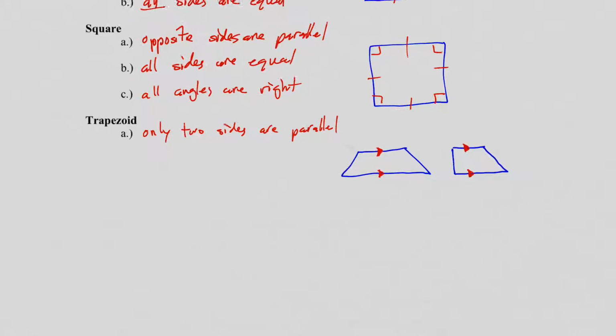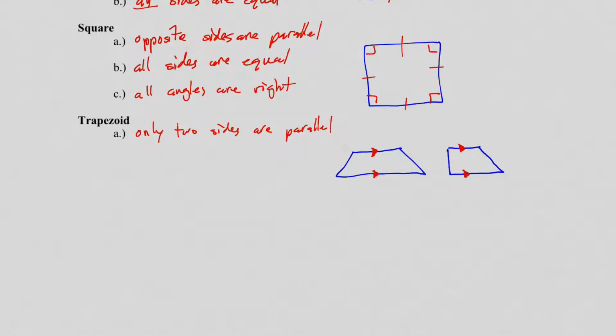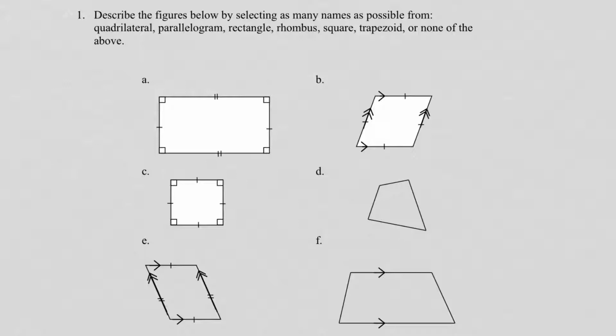Okay, so those are the quadrilaterals. Now let's go to page 3 to start applying these. Okay, so it says, describe the figures below by selecting as many names as possible from quadrilateral, parallelogram, rectangle, rhombus, square, trapezoid, or none of the above.